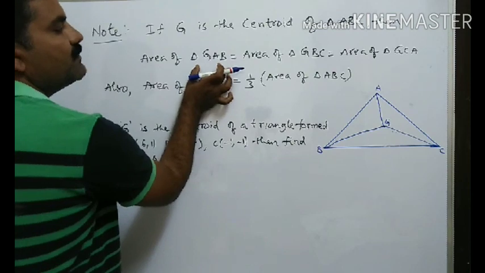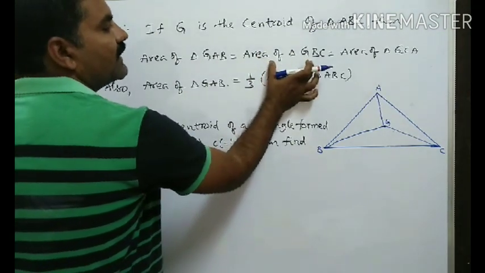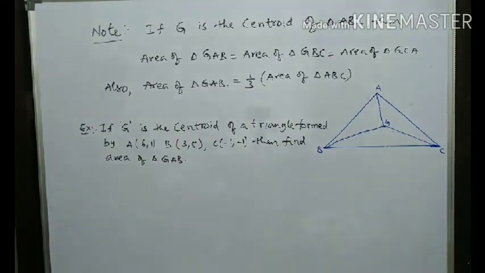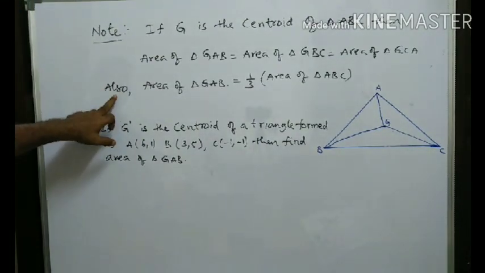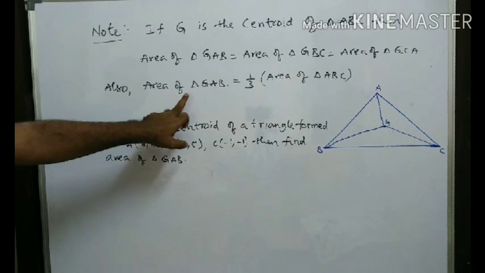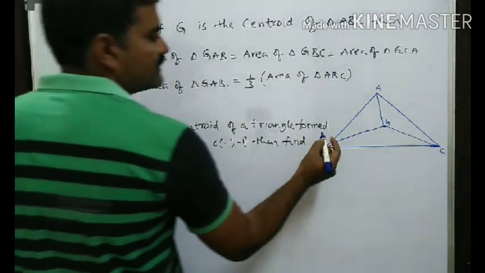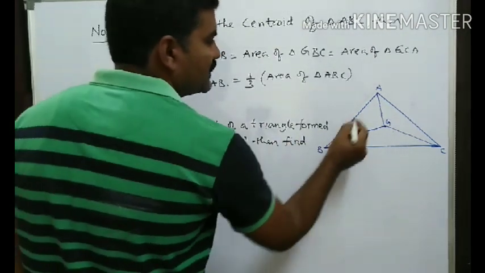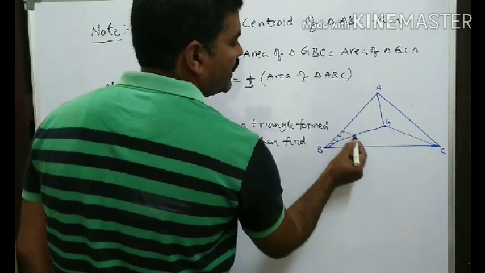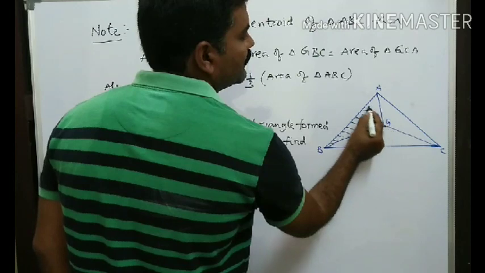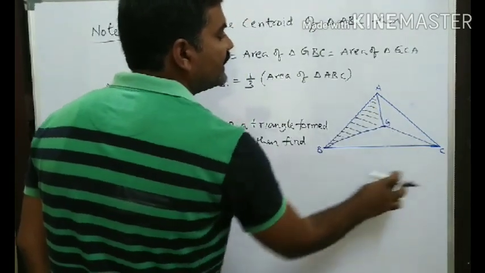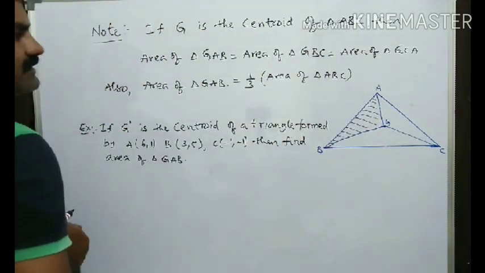Area of GAB is equal to area of triangle GBC, which is equal to area of triangle GCA. And from this also we can write, for example, if you want the area of GAB, suppose this is the part I want. Okay, so now this is nothing but 1/3 of the entire area of triangle ABC.